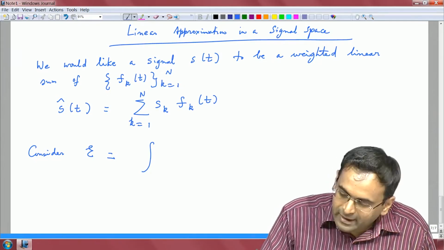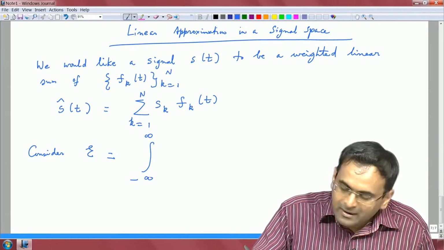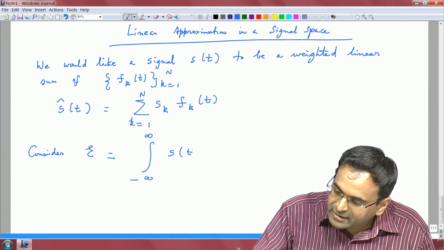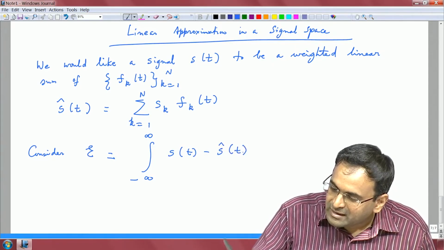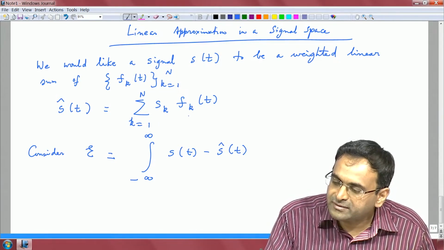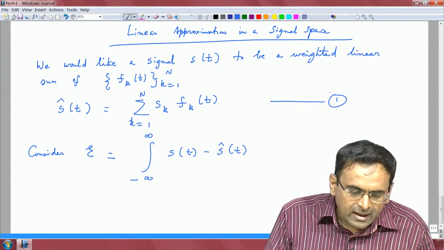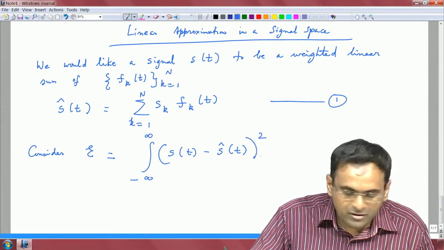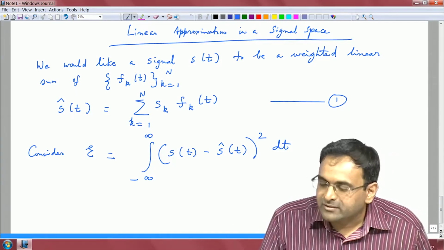So, the square error is basically from looking at the error of the signal, which is S of t is my original signal, S hat of t is my linear approximation to this signal in terms of these basis functions, right, and I want to take the square deviation, integrate this signal from minus infinity to plus infinity.